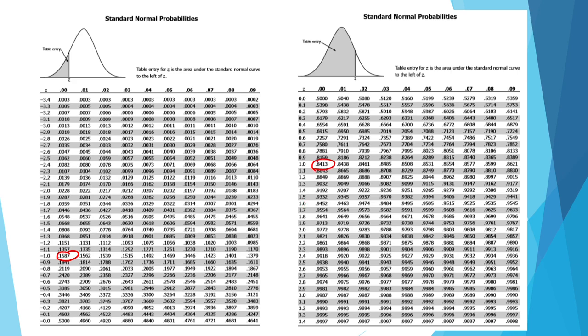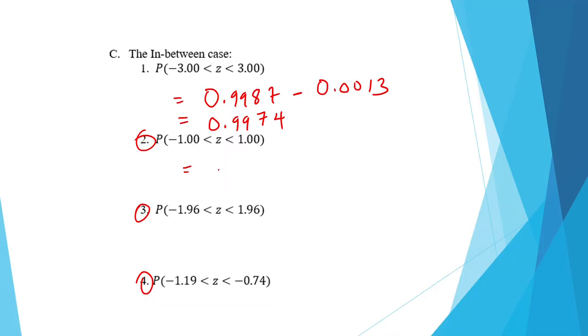So we'll take the bigger and subtract the smaller again. This gives us 0.8413 minus 0.1587 from our z-table. And so the area between these two numbers is 0.6826.